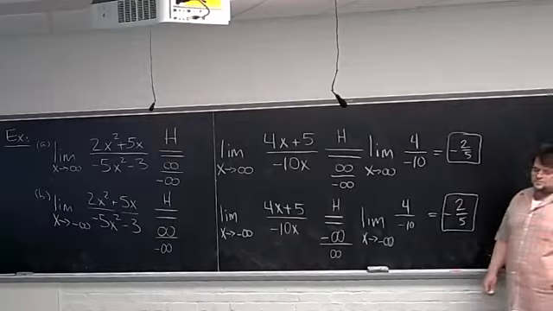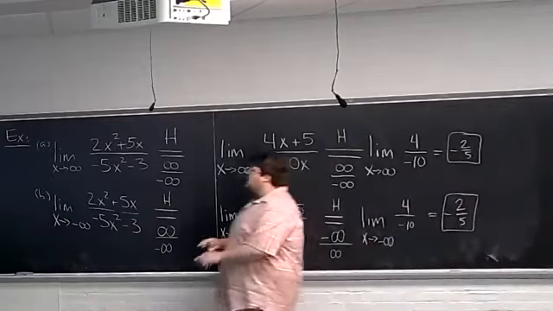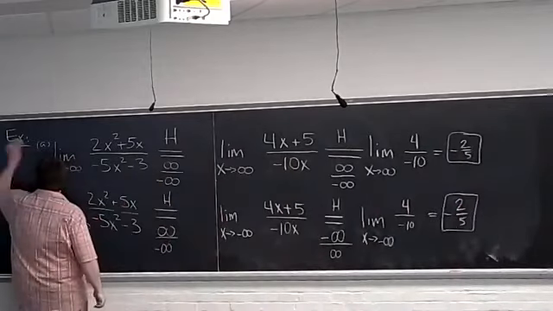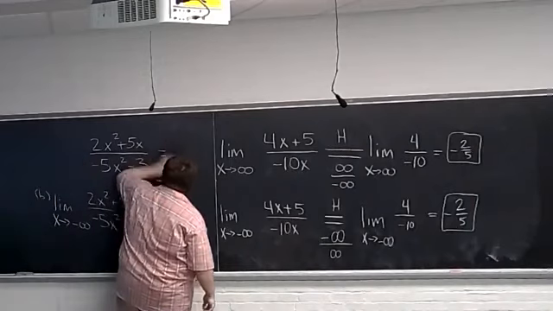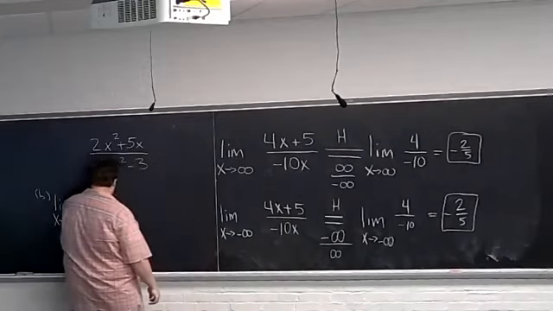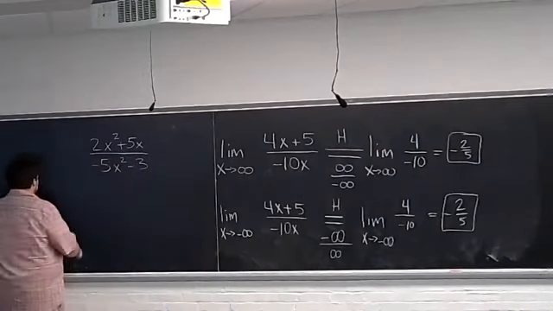Okay. So we took the limit as x goes to positive infinity and the limit as x goes to negative infinity of this function. So I'm just going to observe right at the end of it.